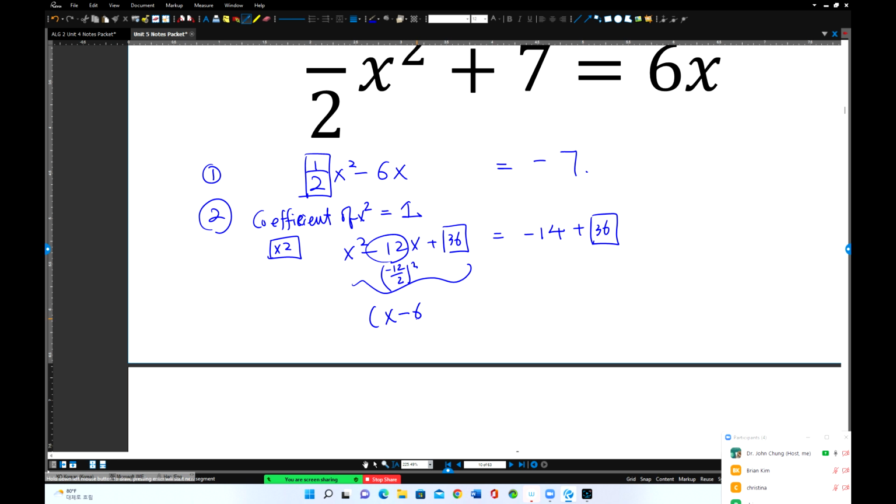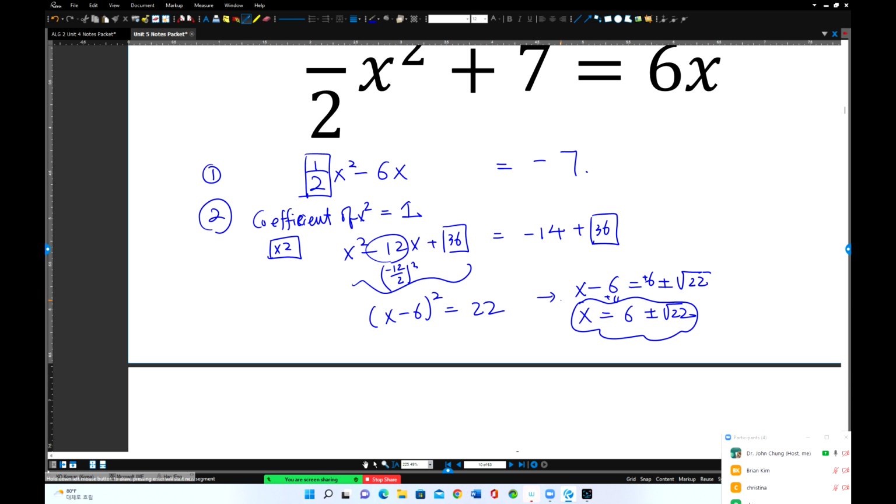Half of this number, negative 6, squared equals 36, minus 14 is 22, right? Now, take the square root: x minus 6 equals plus or minus square root of 22, isn't it? Now plus 6 on both sides, x equals what? Plus 6 over here, 6 plus or minus square root of 22. That is your solution. Okay?